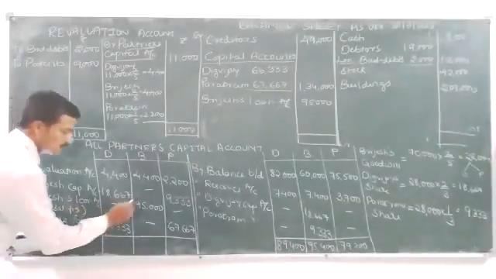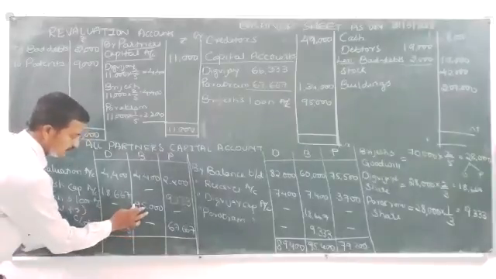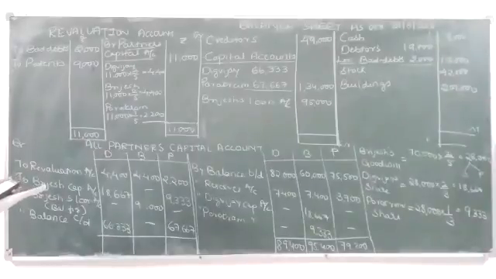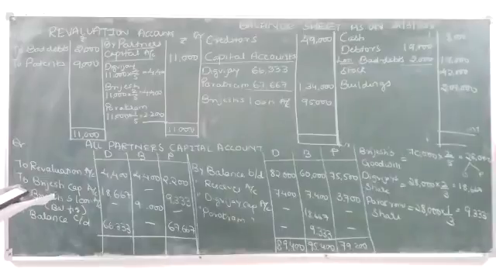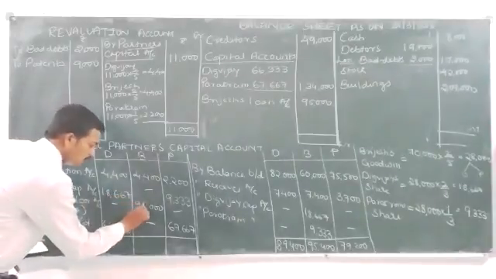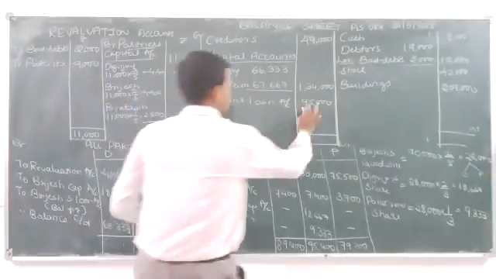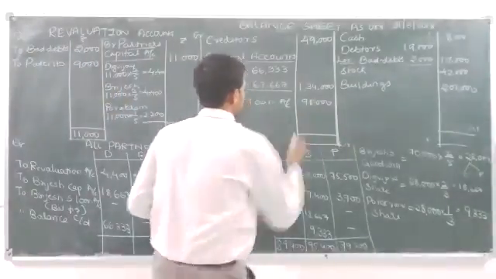Oh, sorry. This should be, I think, minus 4,400. It should be 91,000. And here also, we need to change it to 91,000.